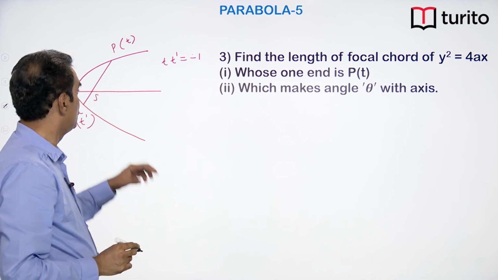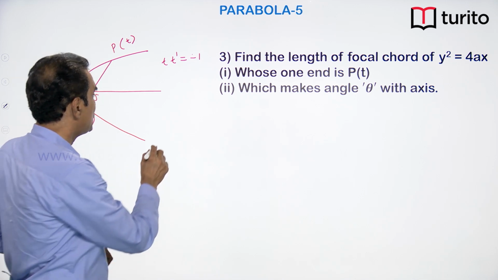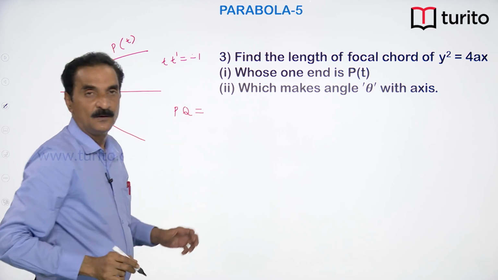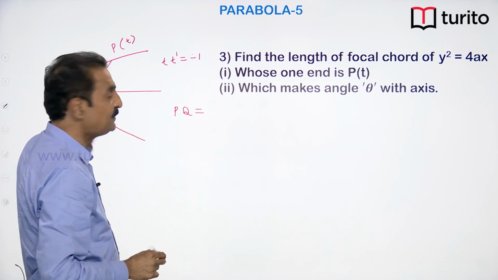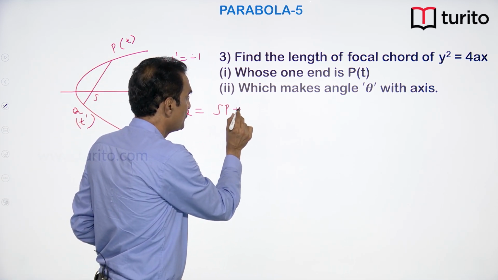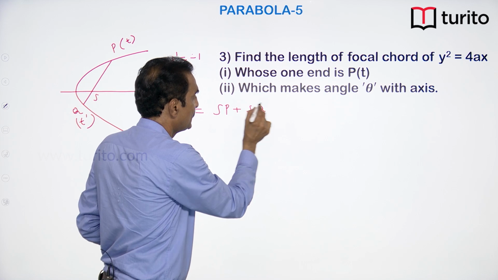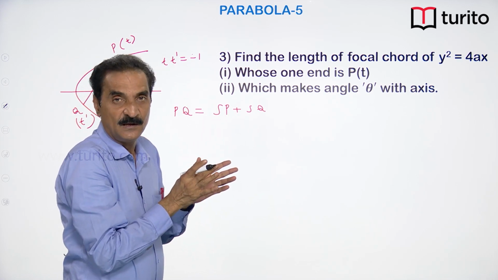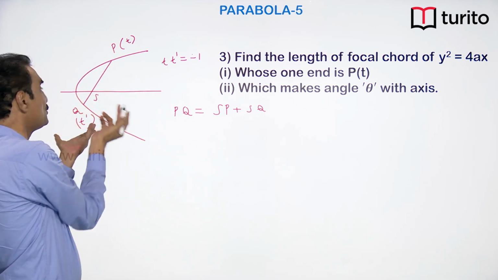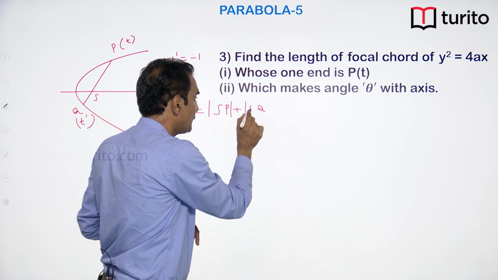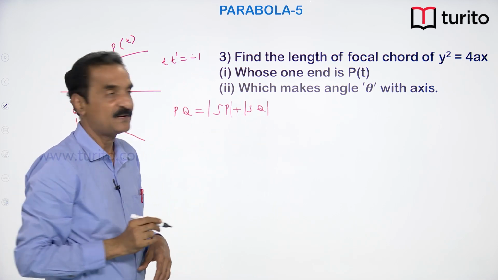Now, length of the focal chord we want PQ. We can write PQ as SP plus SQ. I am taking magnitudes, they are not signed distances. If they are signed distances, SP and SQ will have opposite signs. So, I am taking mod SP plus mod SQ.